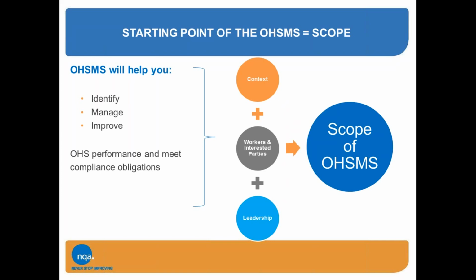So basically the context, the workers and the interested parties, and the strategic direction and leadership input will define the scope of the management system. So they're the three building blocks really that will define the scope. And then obviously you develop a policy, etc., down from that.